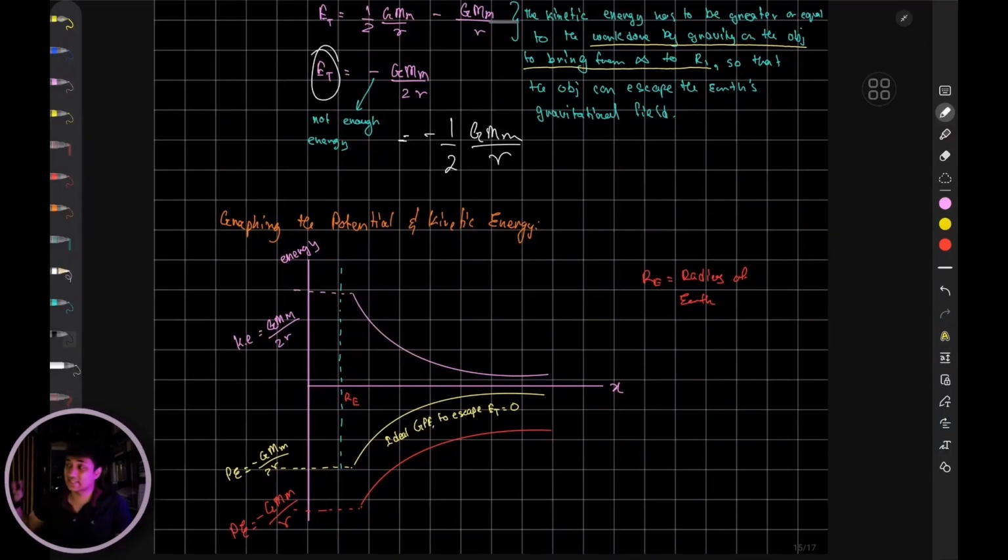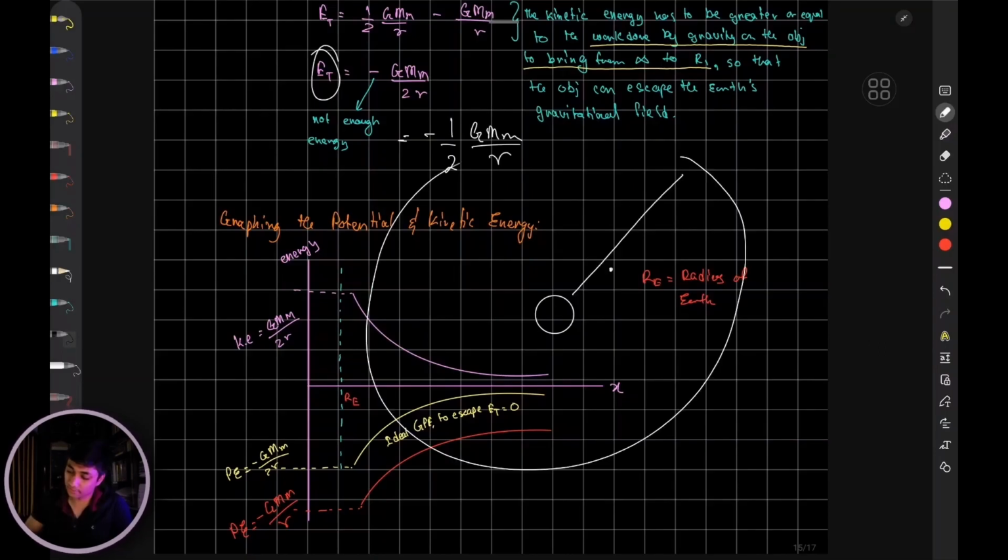Since the satellite is in orbit, its centripetal force is provided by the Earth's gravity, right? So in the case that it is farther away, if this was its initial orbiting circle and it went farther away, that means the field strength at that position is less.